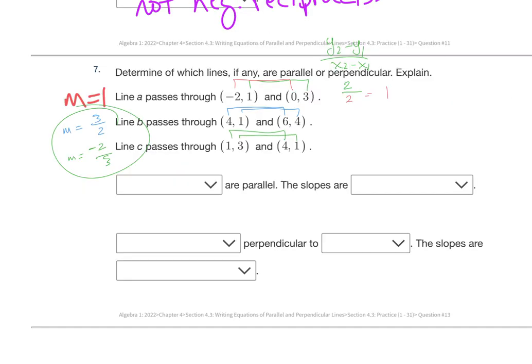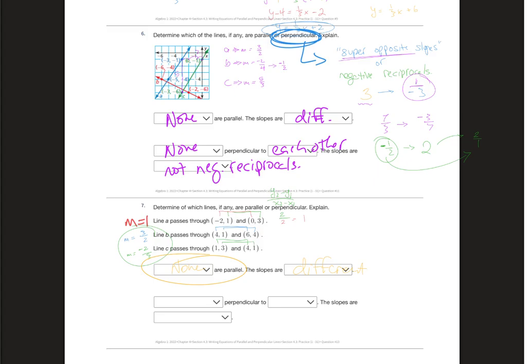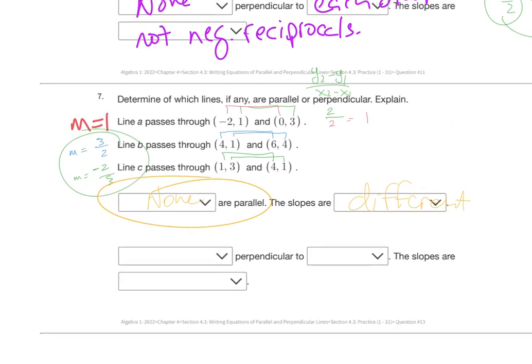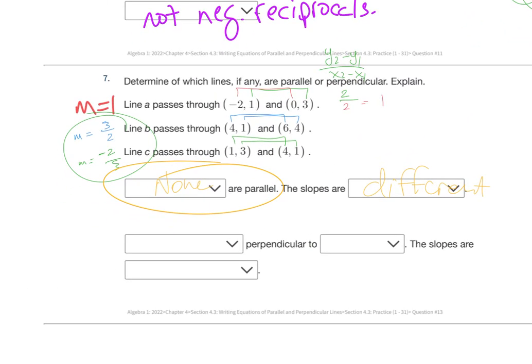So then the question is, blank are parallel, and it's none, because the slopes are all different. And in fact, wait a minute, it was the same thing back up here. Yeah, you're right. What a coincidence, right? And then right here, it is lines B is perpendicular to C, and it's because the slopes are negative reciprocals.